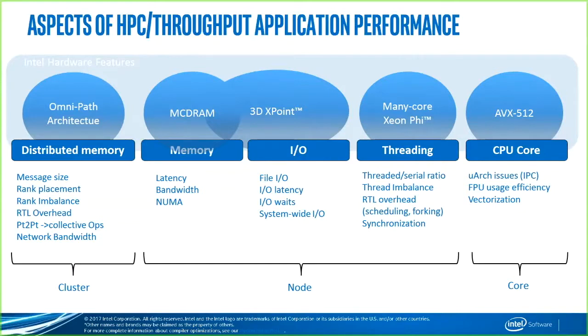We are also going to have persistent memory with 3D XPoint. We have more and more cores, and pure MPI applications with this big number of cores per node might have problems.